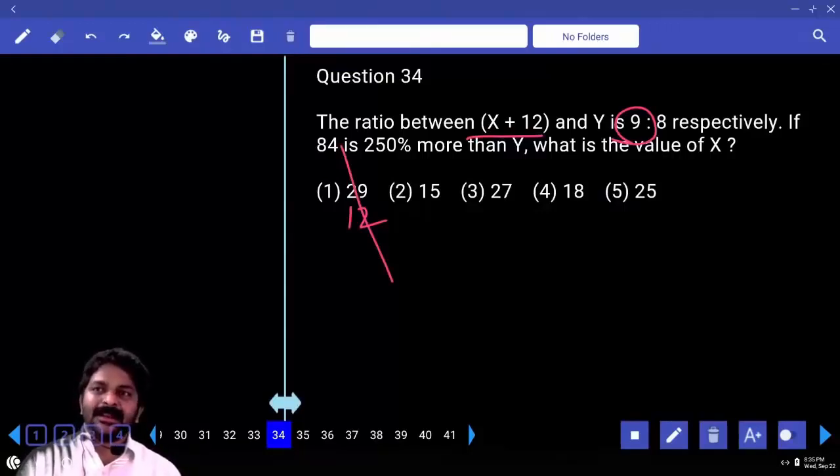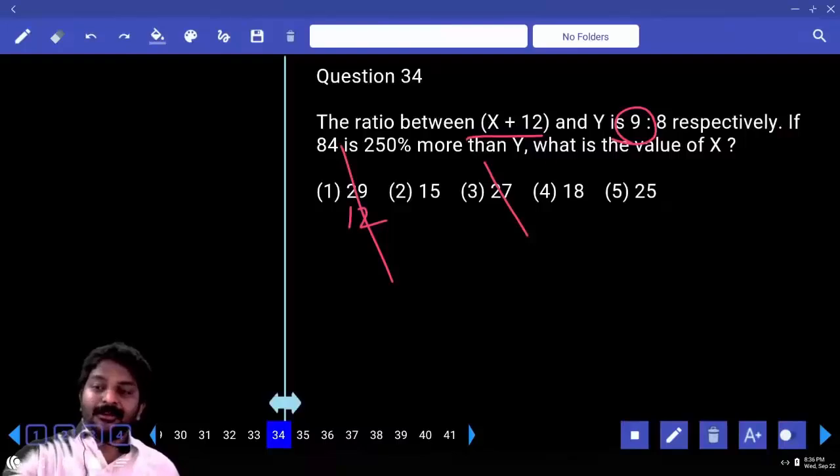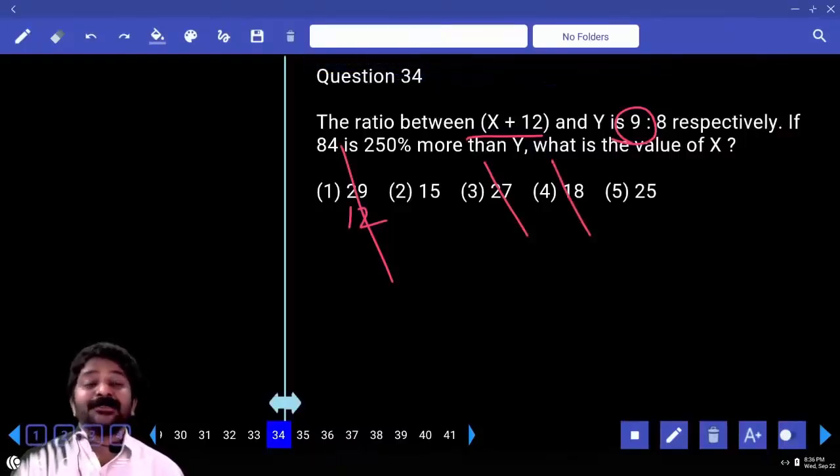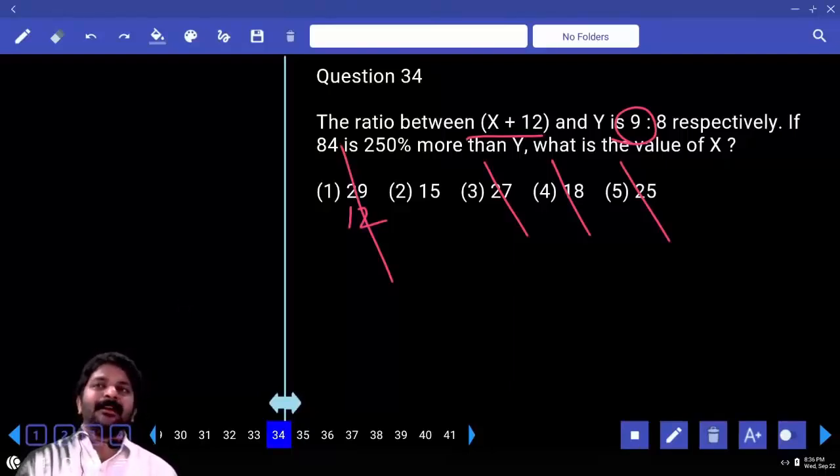Is that a multiple of 9? That may be your answer. Hold it. Third option is a direct 9 multiple. That can never be the answer. A multiple of 9 plus 12 can never be a multiple of 9, right? Fourth option also cannot be your answer because that is a direct 9 multiple. Fifth option plus 12: 37. Is 37 a multiple of 9? Second option, final answer. You don't have to use the data. After adding 12 to X, it must be a multiple of 9.